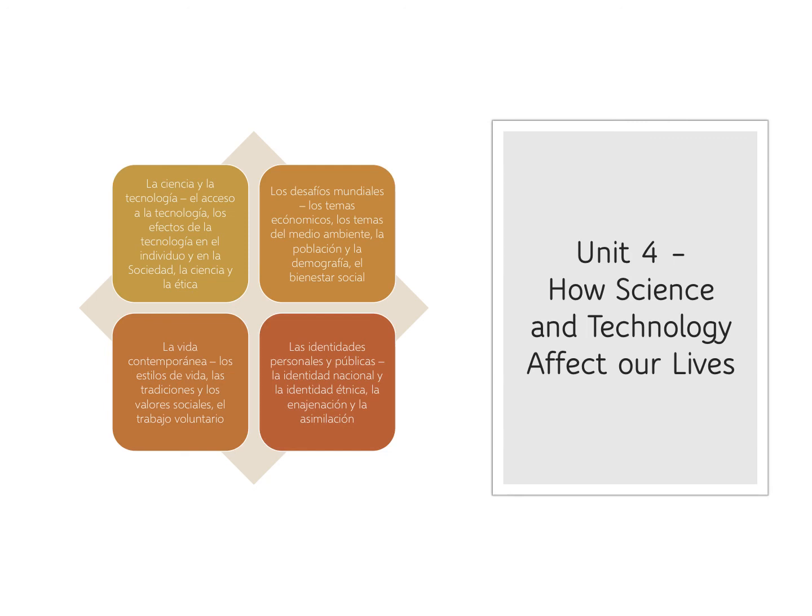Within that, they're going to cover los temas económicos, los temas del medio ambiente, la población y la demografía, y el bienestar social. The third topic they're going to cover is la vida contemporánea, and within that, they're going to cover los estilos de vida, las tradiciones y los valores sociales, y el trabajo voluntario. Finally, the last topic within this unit is las identidades personales y públicas, and within that they're going to talk about la identidad nacional y la identidad étnica, la enajenación y la asimilación.